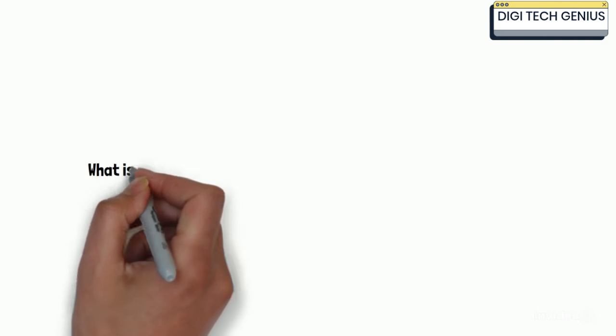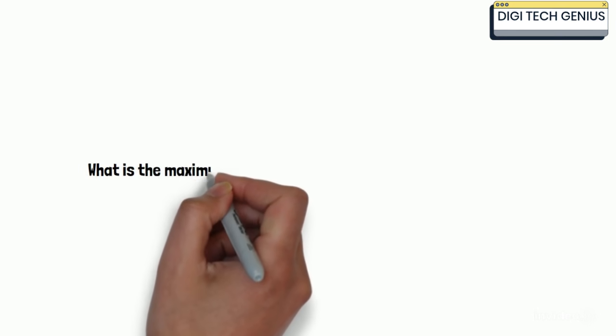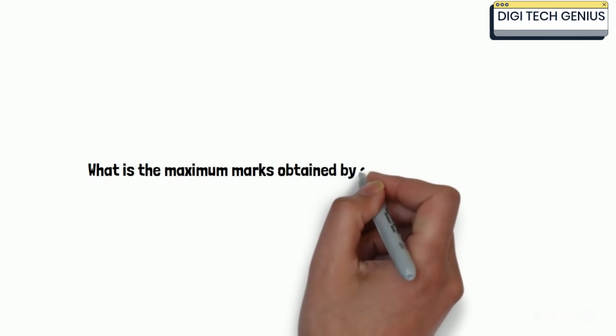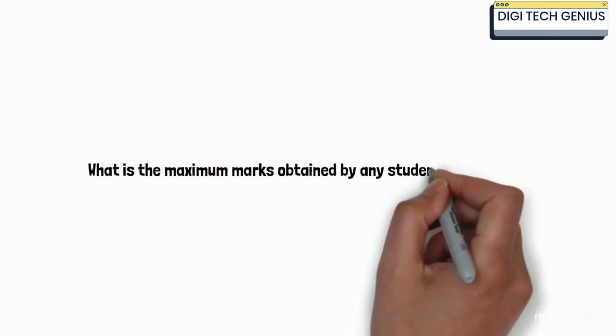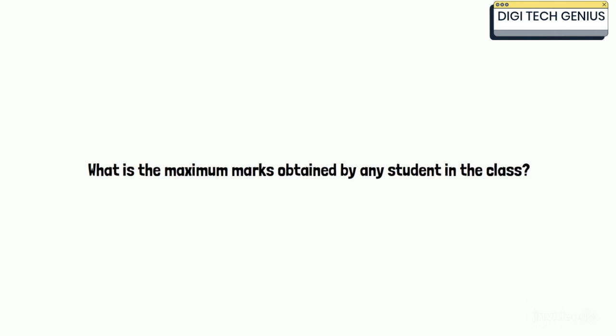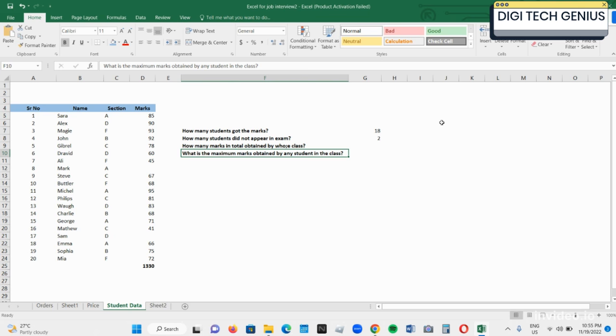Now the next question put in front of us is: what is the maximum mark obtained by any student in the class? Let's find this out. To find the solution, we'll use the formula MAX.